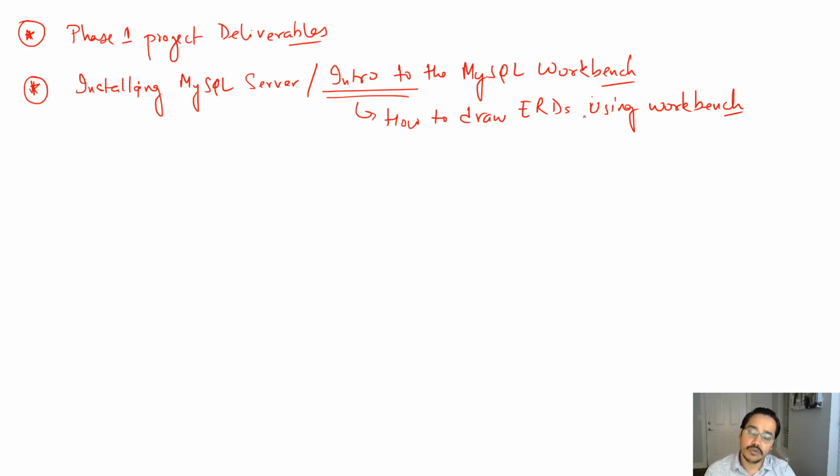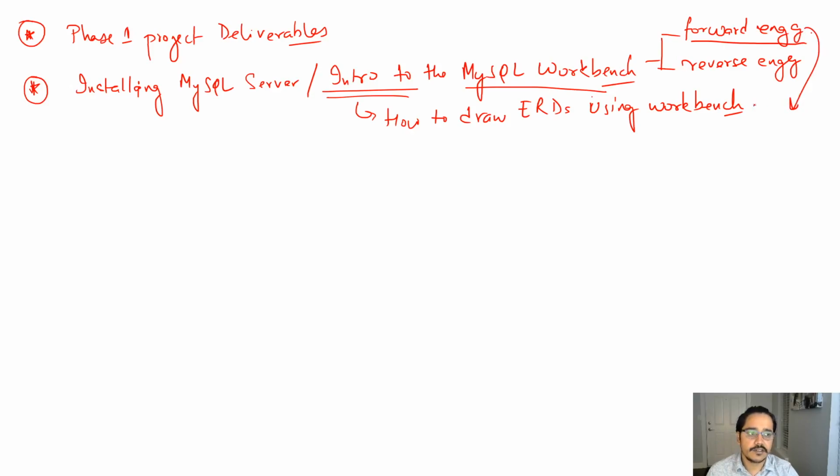We also discussed other aspects about why you should focus on your design and how that also helps you with the implementation, because MySQL Workbench comes with two different capabilities, known as forward engineering and reverse engineering. If you have a database design, you can use MySQL Workbench to generate the data definition language SQL code that will help you implement your database environment.